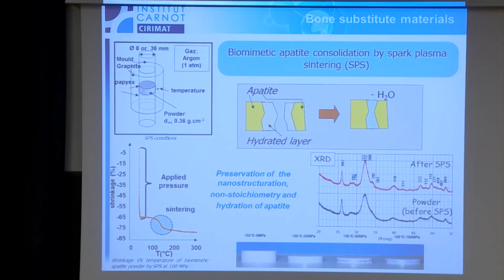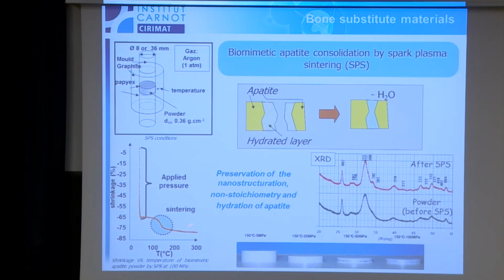So if we want to keep this surface hydrated layer, we propose this processing, a consolidation. At the beginning we have a nanocrystal powder, and then we would like to have a bulk ceramic.